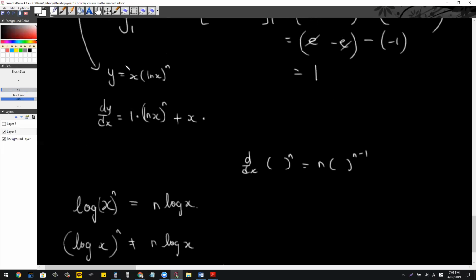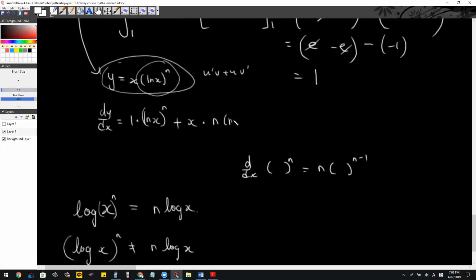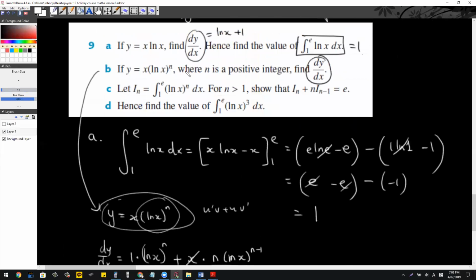So if I differentiate this one, that's equal to 1 times ln x to the power of n, because I'm using the u dash v plus u v dash rule. And then the next bit is u times the differentiation of that, which is n ln x to the power of n minus 1 over x. But this x and x will cancel out. So that gives us ln x to the power of n plus n ln x to the power of n minus 1. So that's the answer for this one here.